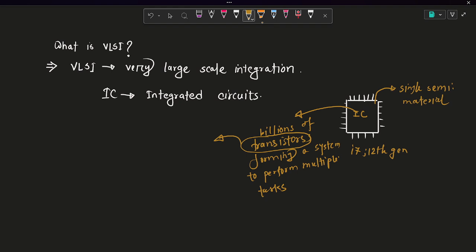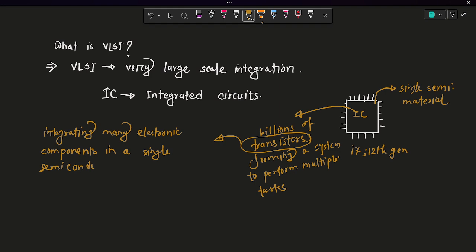So the core concept is integrating many electronic components in a single semiconductor chip or material to perform multiple tasks together, right?